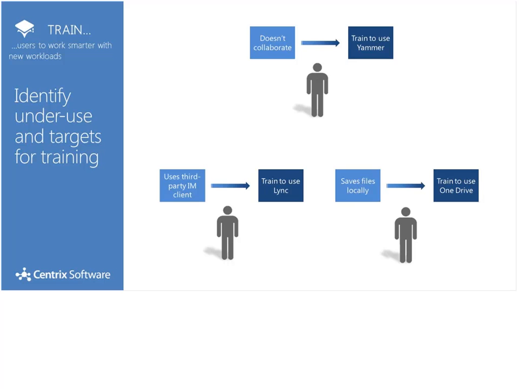You want to train them to use OneDrive. So with all of these points, what it's allowing you to do is look at how people are working now and how you can get the most out of it as you go along. And of course, if you train those users, you can then go back to tracking whether they are adopting it as you wish.